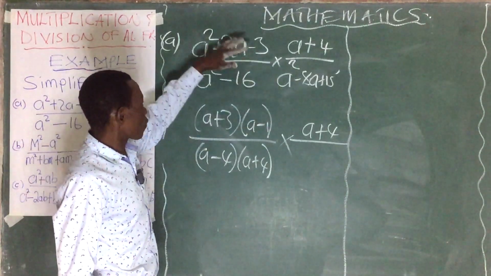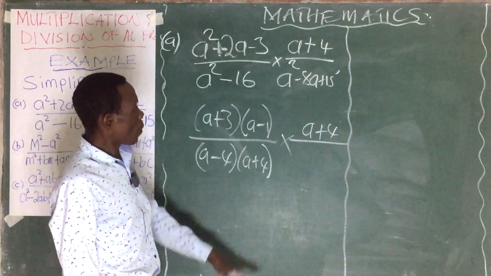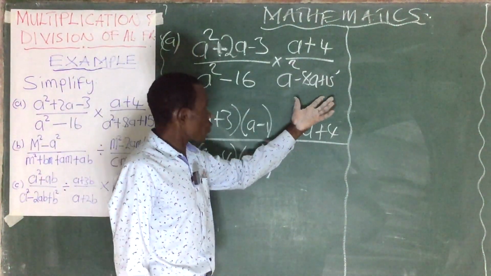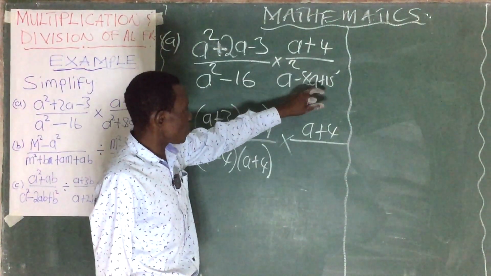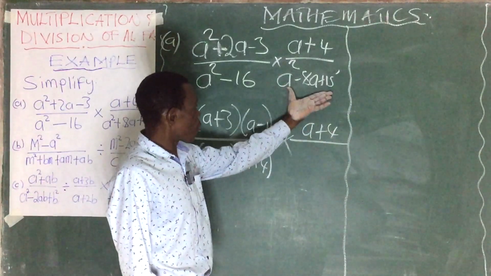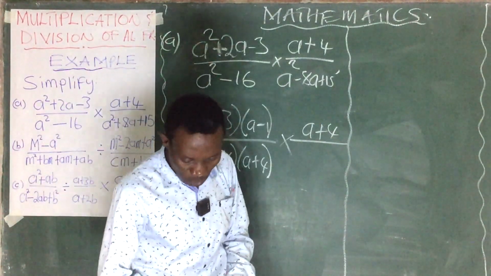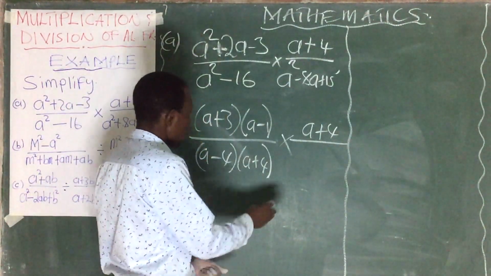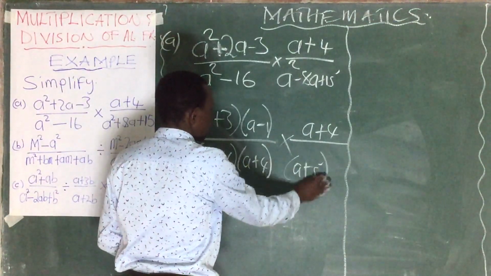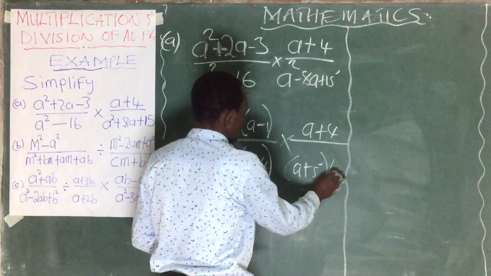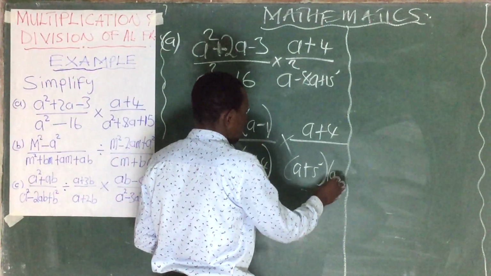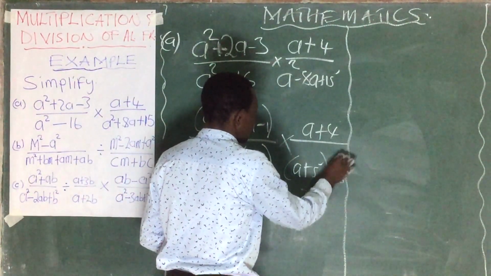Similarly, as I was factorizing this expression here by the grouping method, you will also be able to do the same and try to factorize a squared minus 8a plus 15. When you factorize this one, the factors that we're going to get here are a minus 5 and a minus 3.